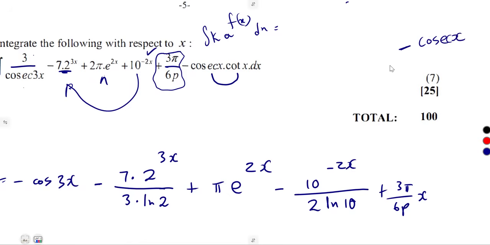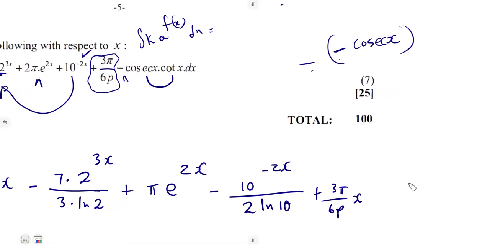That is what you're supposed to have here, negative cosec of x. But because of the negative also in our question here, negative will be a positive. So it will end up as a positive. So this is what we have.